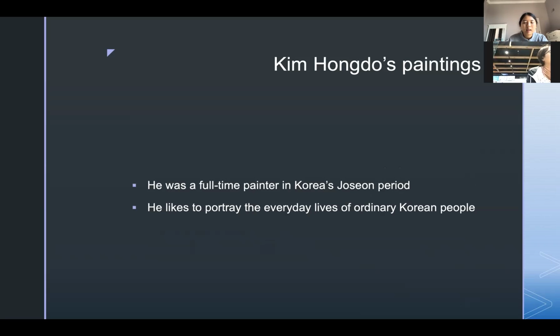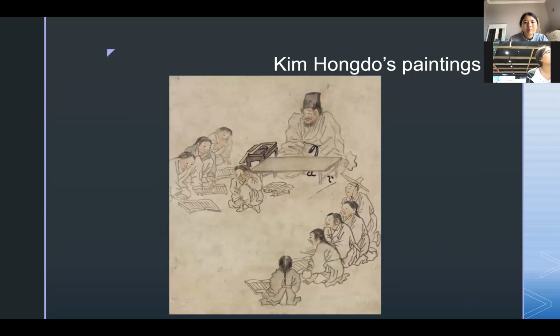First I introduce Kim Hong-do's paintings. He was a full-time painter in Korea's Joseon period. He likes to portray the everyday lives of ordinary Korean people. Here is one of his paintings.